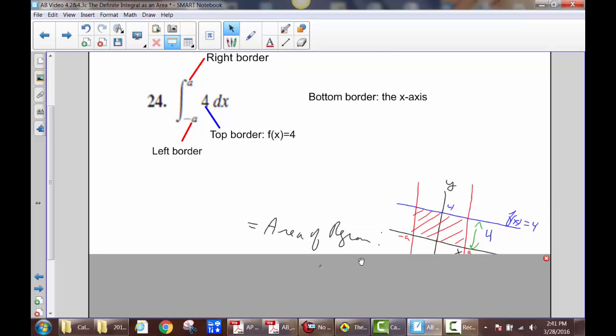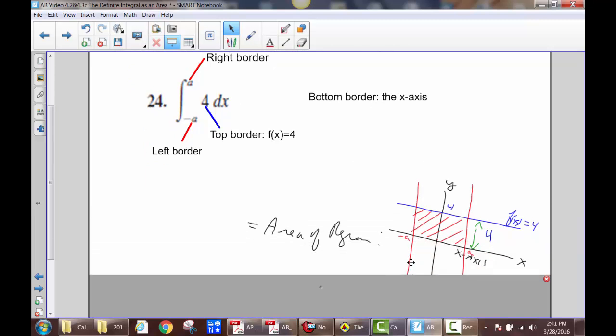So if you draw a left vertical line of x equals -a, a right vertical line of x equals a, and your top function is y equals 4, which is that blue horizontal line, and your bottom border is the x-axis, the region that's bordered by the two reds, the blue and the black, is this rectangle.